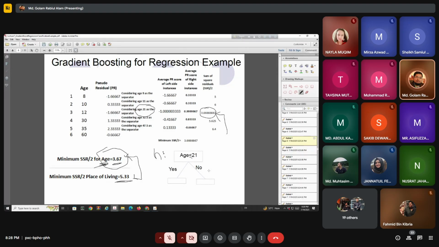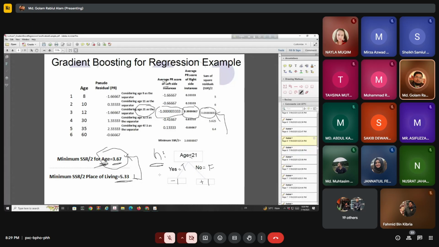And then on one side we get the true, that is the yes, and on the other side we get the no, that is the false. For the left side, the average we get is negative 1.000003, so that is kind of negative one. And for the positive side, we get 0.99999, nearly positive one. So that means positive one.